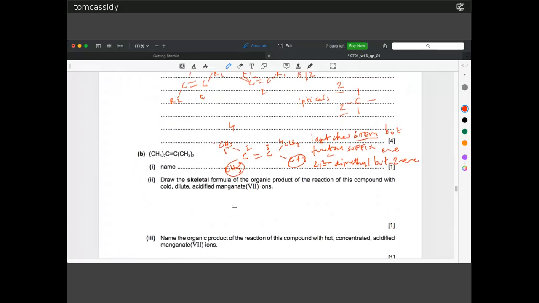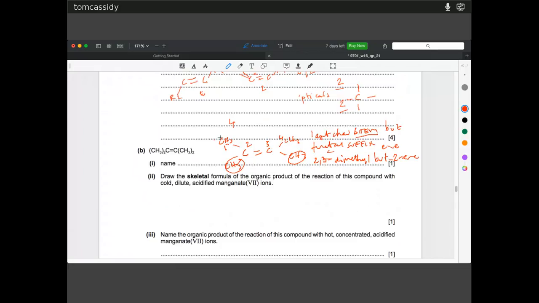Now, when this reacts with, and you've got to watch here, cold dilute oxidizing agent, because you're going to compare it in a moment with a hot concentrated oxidizing agent. So this is mildly oxidizing, and what happens is that you end up with an alcohol group there and an alcohol group there.